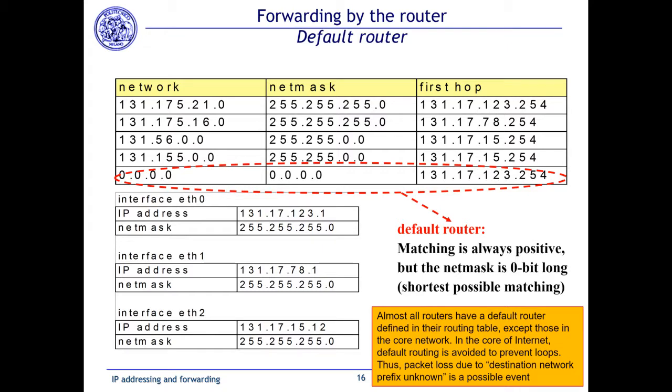So in this case it must be dropped. So there are some routers in the core of the internet, very large, which don't have any default router, typically routers in the tier 1 internet service providers. But all the other routers always have a default routing line.